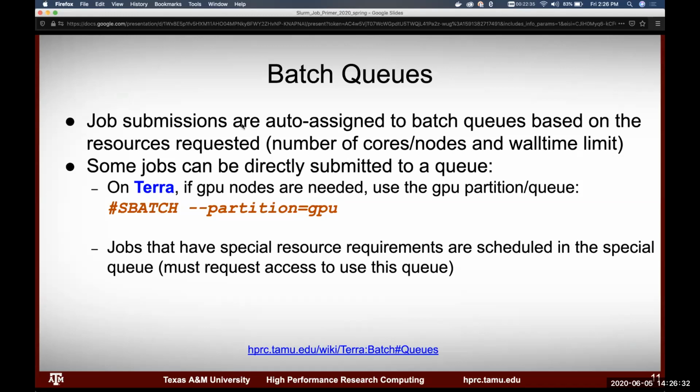Because they're auto assigned, you don't have to use the partition, which is why it's not a necessary specification that we saw in that example script. If you try to game the system, and the resources that your job is requesting would put it on, let's say, a longer queue, but you want it to run on the short queue because the short queue is a lot shorter than the line in the longer queue, and you were to say double dash partition equals short, you'd get an error.